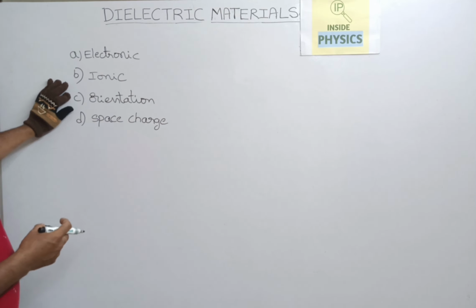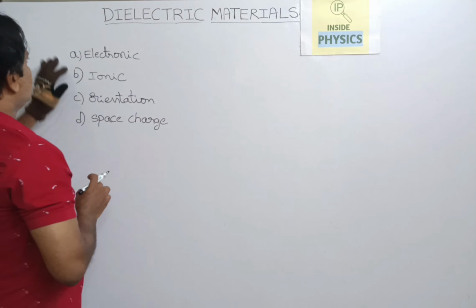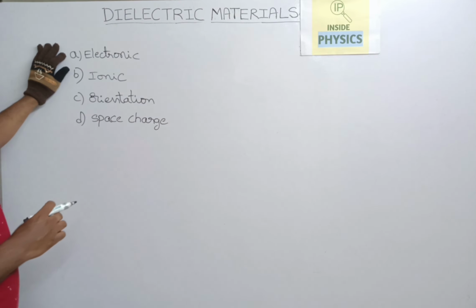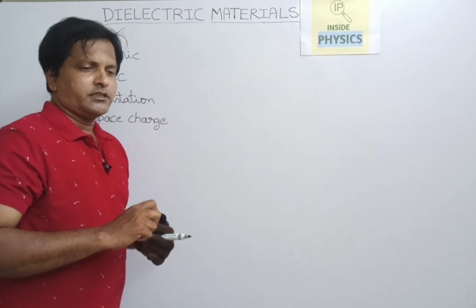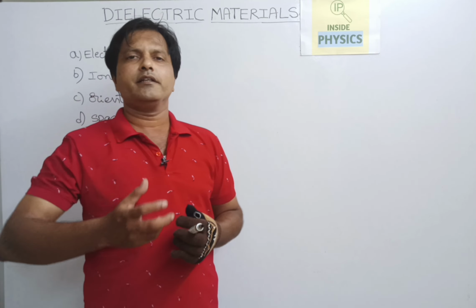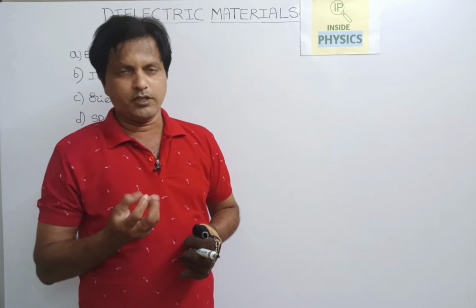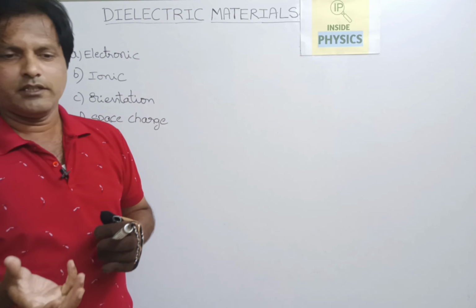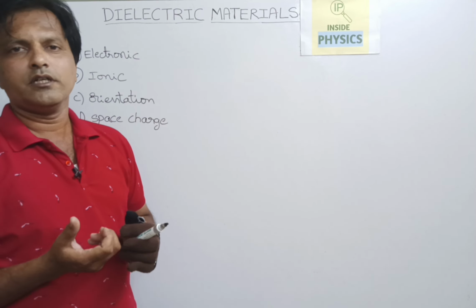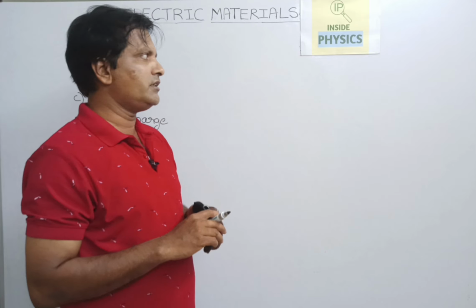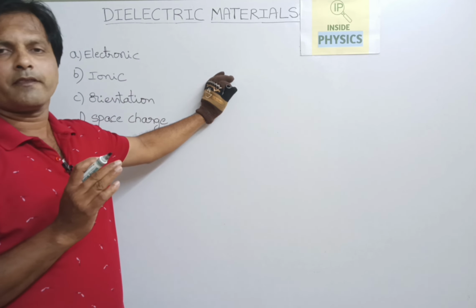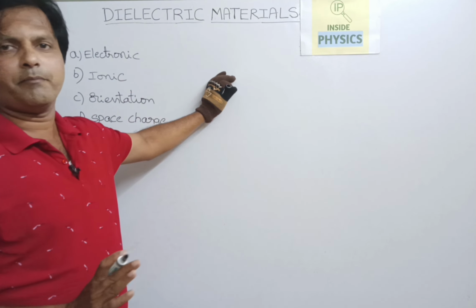First of all, we will take up electronic polarization. What does electronic polarization mean? We consider the electrons in a material which has molecules or atoms or ions. There are electron clouds. The clouds will be displaced towards the positive plate of the applied electric field.